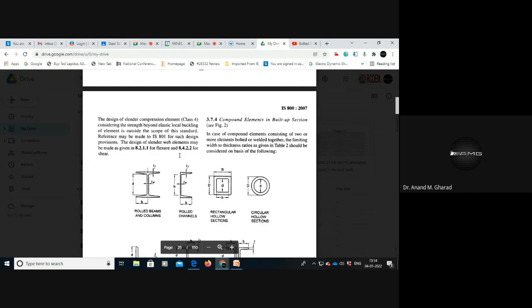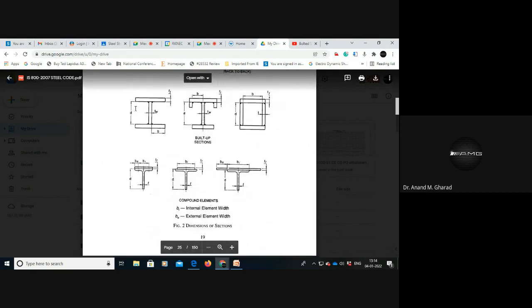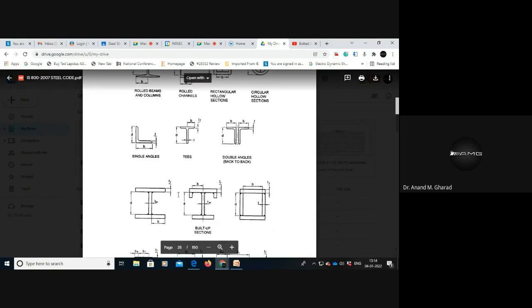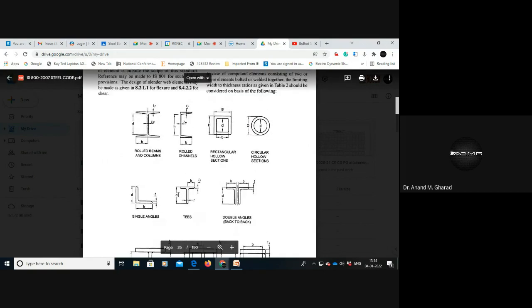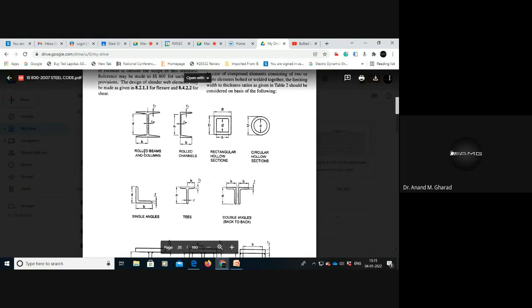Look, these are different cross sections, and the various terminologies are based on which we will be in a position to find out different unknown parameters. Like for example, the width to thickness.